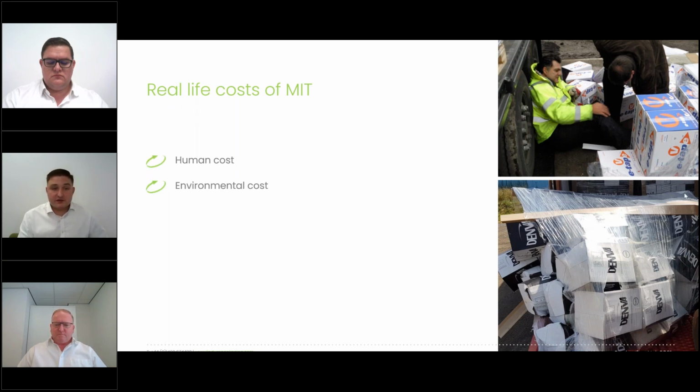And it turns out that they had been having massive MIT issues. Tall pallets, 1.9 meters high, had been falling over on a regular basis. So what they'd done to address this is they'd reduced the height of the pallet. And this had, in fact, reduced the number of MIT incidents that they'd had. So as far as they were concerned, it was a successful move.